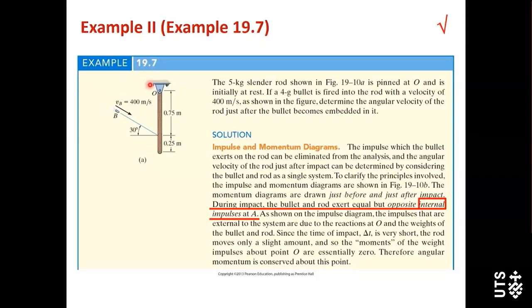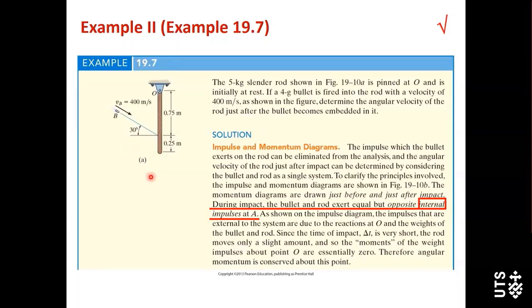Okay, we still consider these two rigid bodies altogether in a system. Then the impact force between this bullet and the slant rod will be a pair of internal forces, and the impulses generated by this pair of internal forces should have the same magnitude but opposite directions.